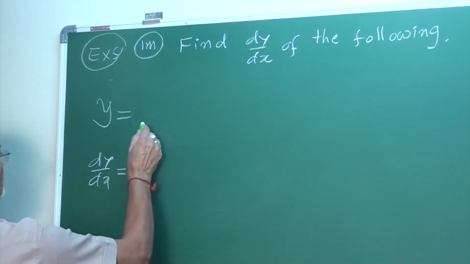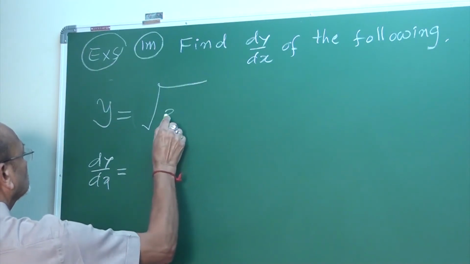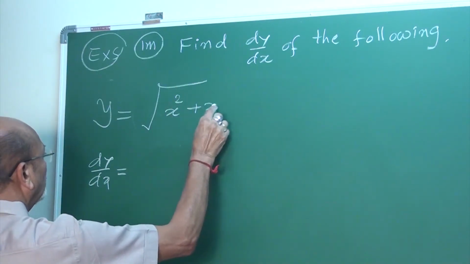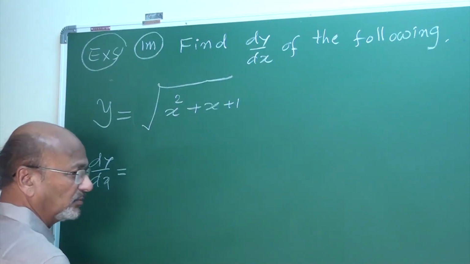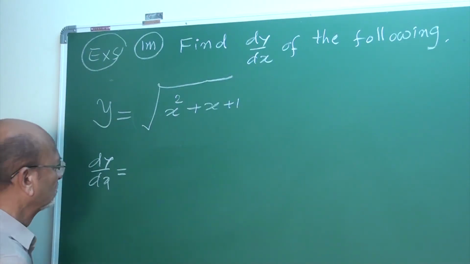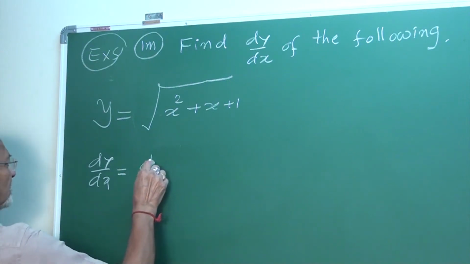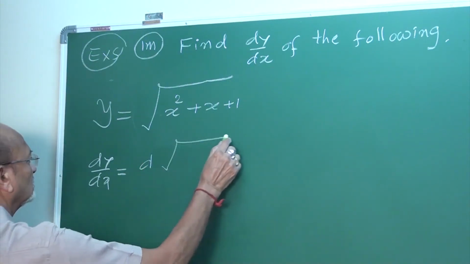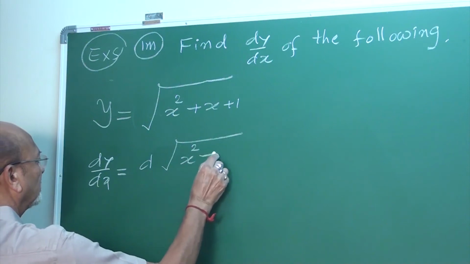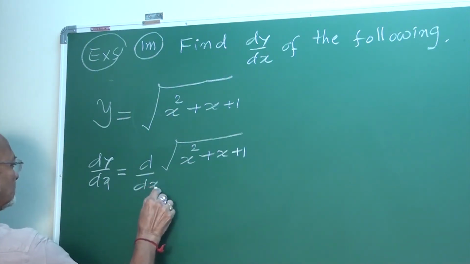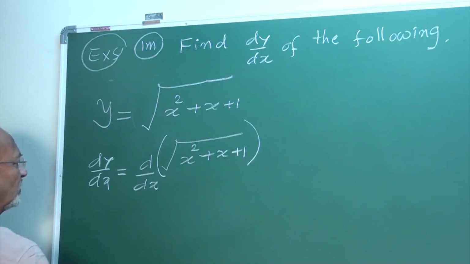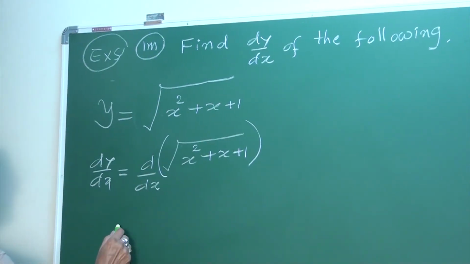Square root of x square plus x plus 1. Dy by dx is the derivative of root x square plus x plus 1 with respect to x. Root f, what is the formula?